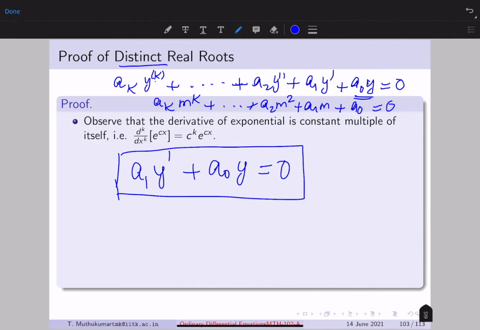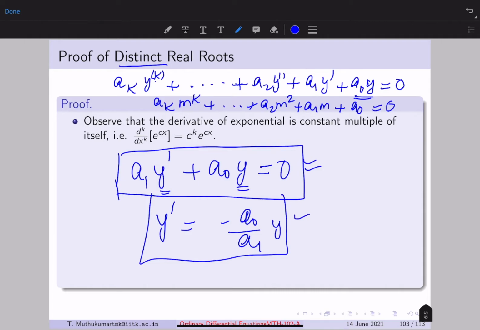So what we are looking for is an unknown function y which satisfies this equation. What is this equation? This equation is the same as y prime equal to minus a_0 over a_1 times y, right? And what is this equation telling you?